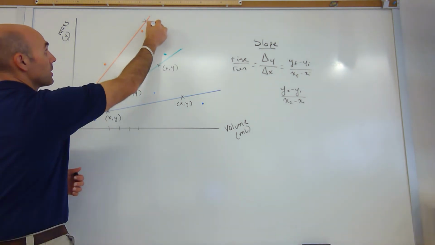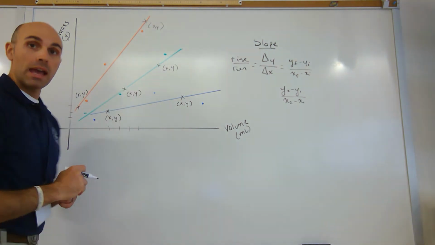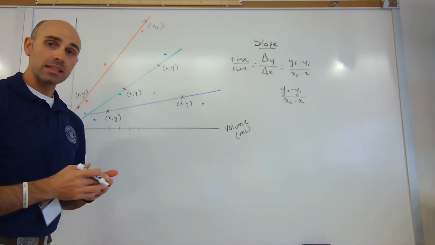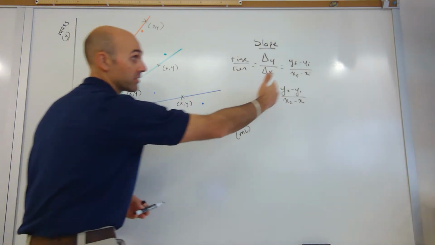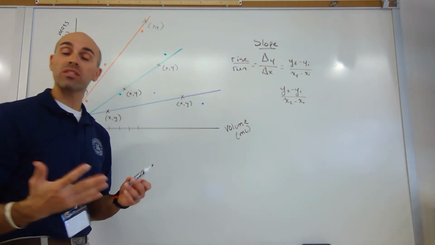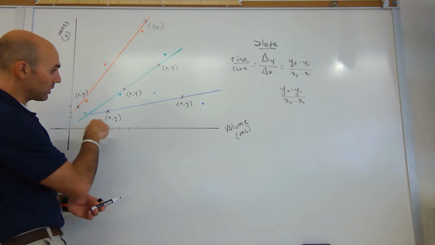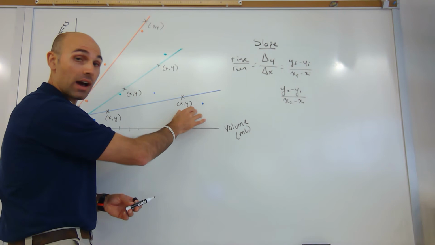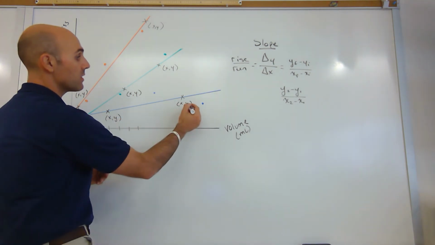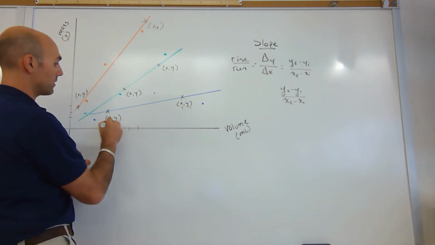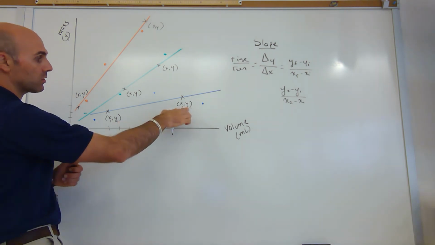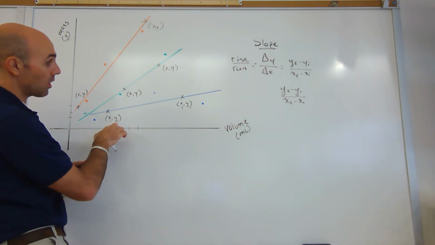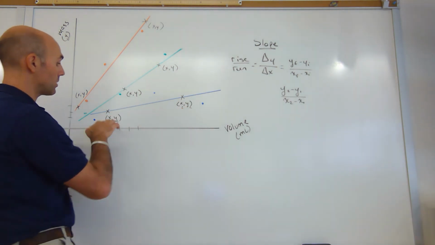This will help you to then say, okay, it's going to be this minus this, this minus this, and it's always final minus initial. So if we look at the blue line, this data point out here is the final, this is the initial. This is the 2, and this is the 1. So it's y2 minus y1 over, divided by, x2 minus x1.